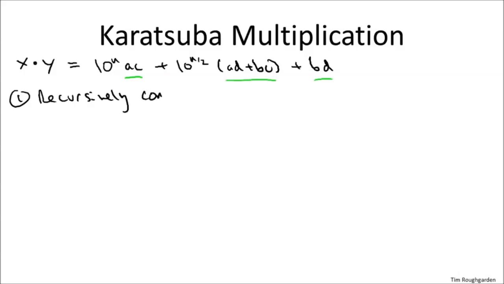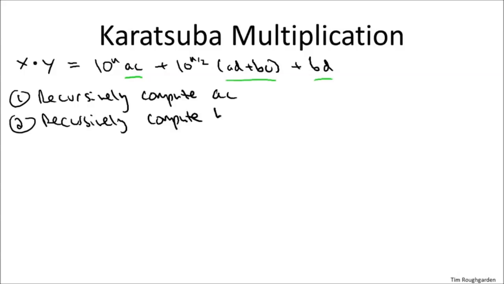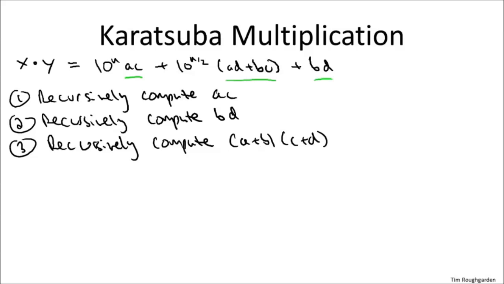We go ahead and compute AC and BD recursively. The third step is the clever one, where we recursively compute the product of quantity A plus B with C plus D. Now, expanding, what are we going to get when we recursively compute this product? We're going to get AC plus BD plus AD plus BC.